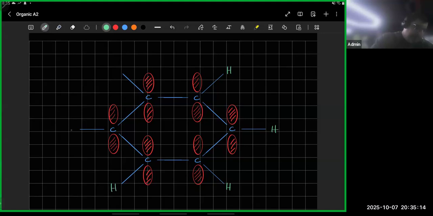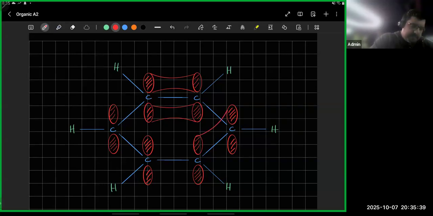I said now the p orbital, the unused p orbital, they would start to overlap. So this would overlap and they would form a double bond in the middle. ठीक है. Clear? So that's a double bond over there.